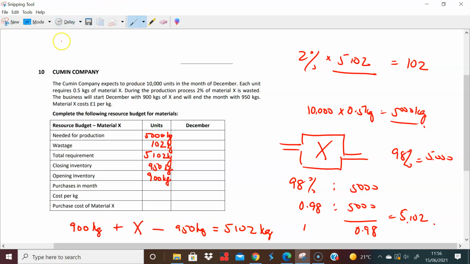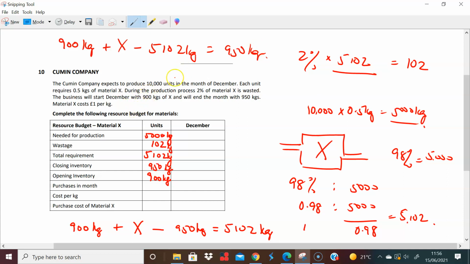So: 900 kilograms plus X minus 5,102 kilograms leaves you with 950 kilograms.